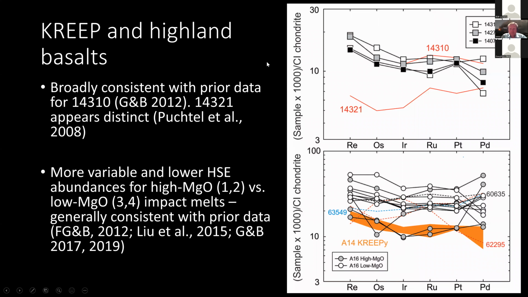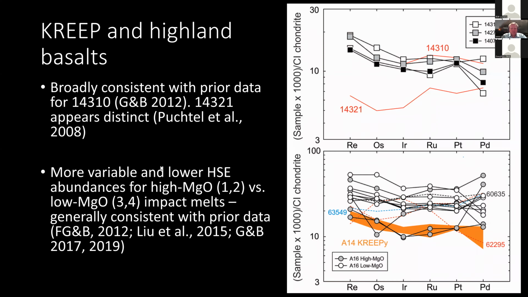They look pretty consistent. They look very distinct from 14321. This is a really interesting, very complex impactite. It's essentially a fragmental breccia. It contains bits of felsite, it contains gabbros, all sorts of stuff, very distinct. But you can see that the rocks that I've analyzed are quite consistent in their compositions.